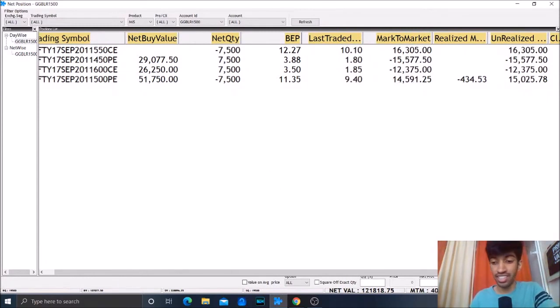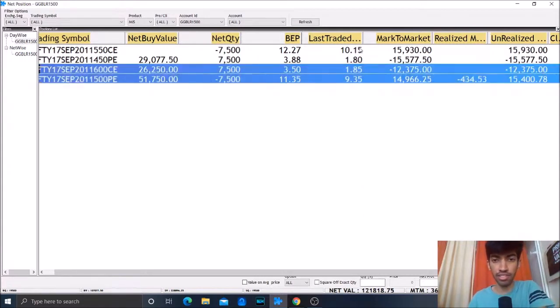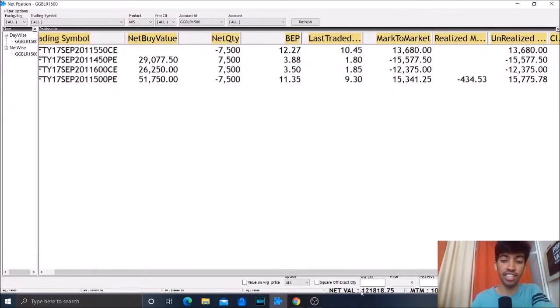So we'll just wait 5-10 minutes and see what exactly can be done with the positions. If it trades between this range and both go to 0, then we'll have a net of around 1,21,000, and we will be adding few more positions in some more time, maybe around 130, 140, based on where we expect the market to be.